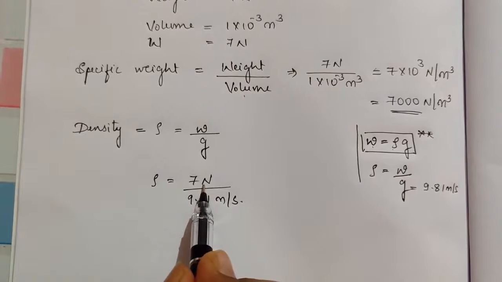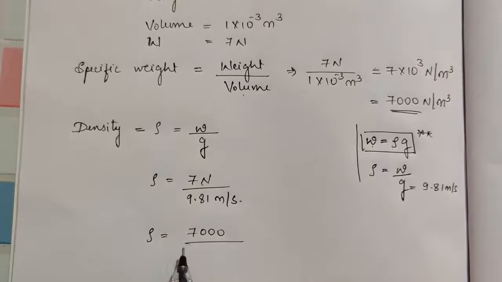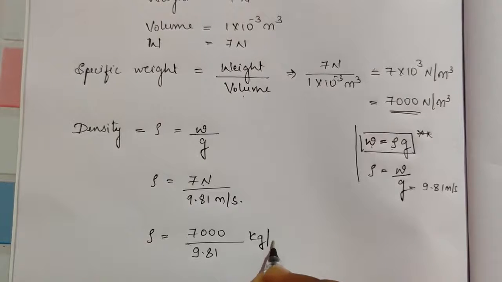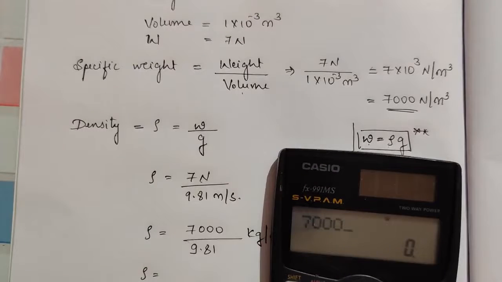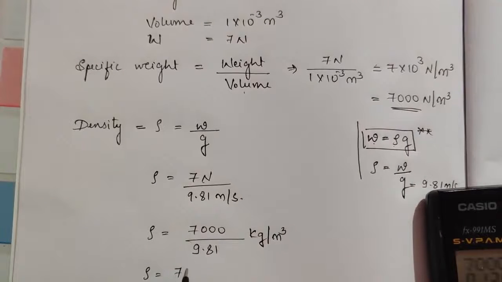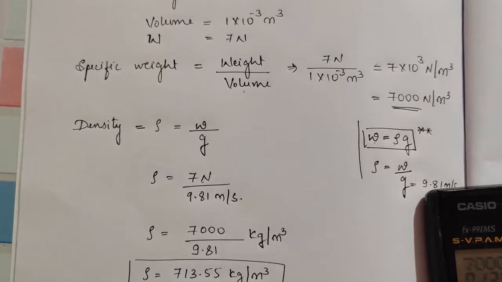So I'll convert this 7 Newton into kg. It is nothing but 7,000 divided by 9.81 kg per meter cube. If we simplify, 7,000 divided by 9.81, we will get 713.55 kg per meter cube.